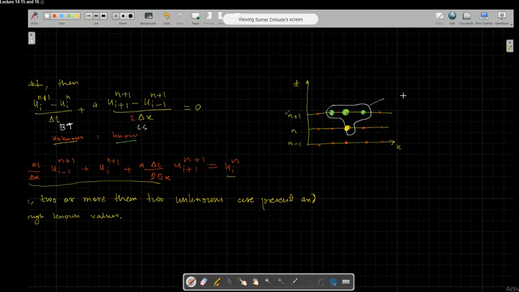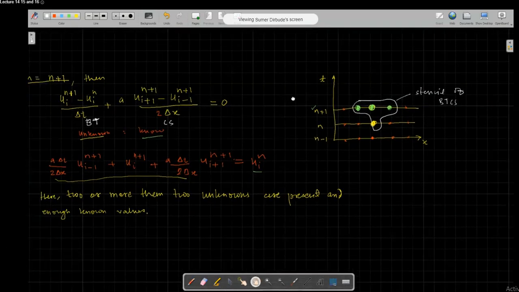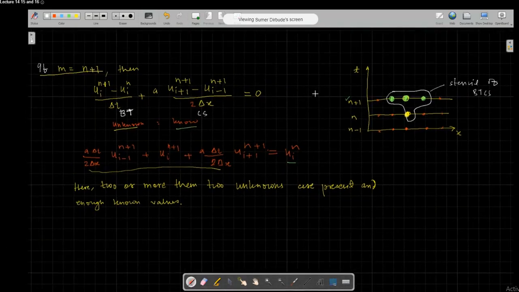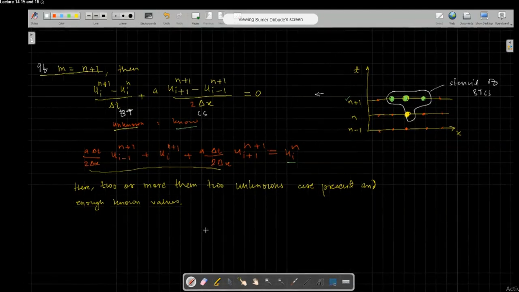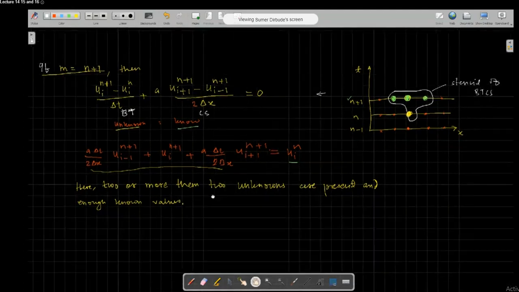So this is the stencil of BTCS, backward in time, central in space, which is nothing but the scheme we have shown here.